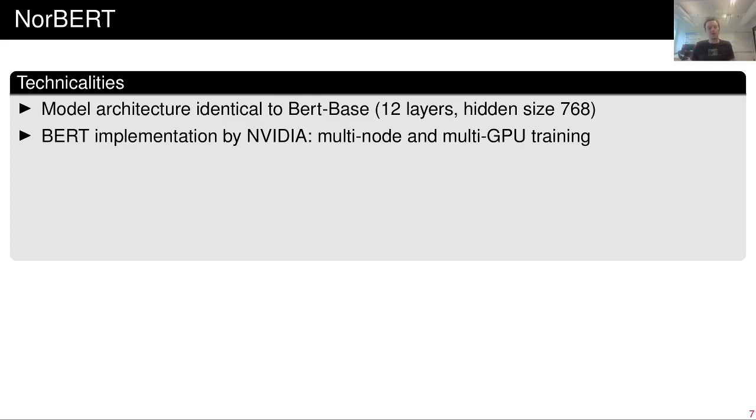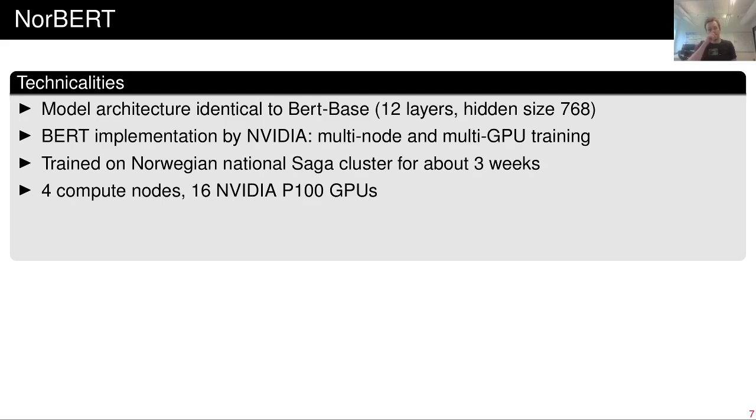We used the BERT implementation by NVIDIA, since it allows efficient multi-node and multi-GPU training. The model was trained on the Norwegian national Saga supercomputing cluster, and the training took about 3 weeks using 4 compute nodes with 4 NVIDIA P100 GPUs each, so 16 GPUs in total.